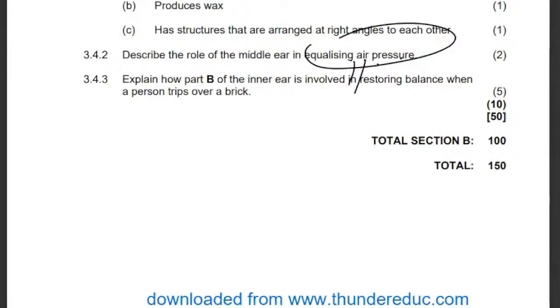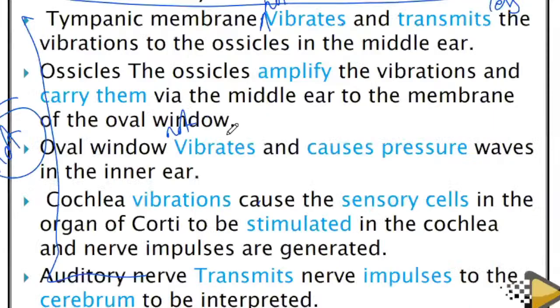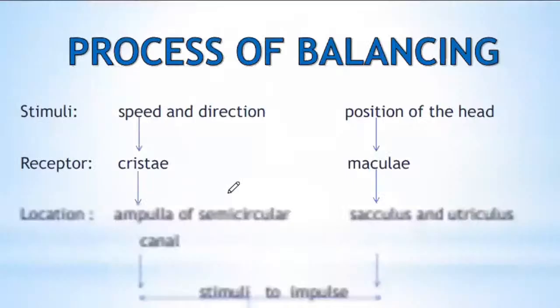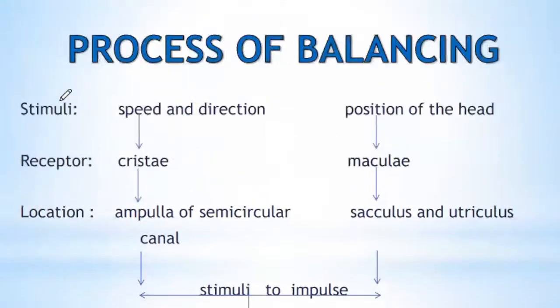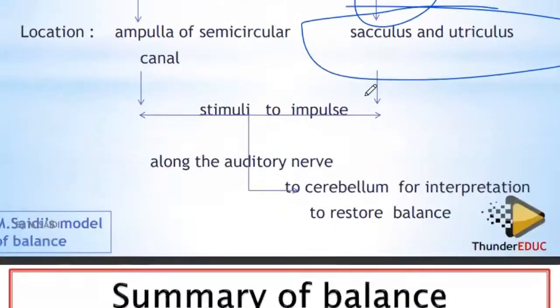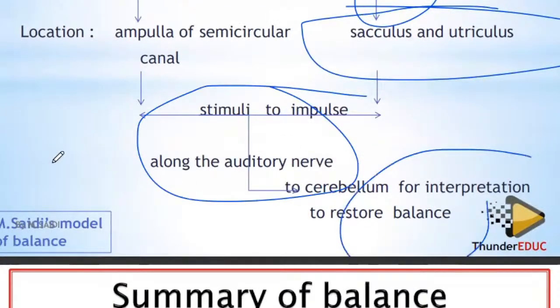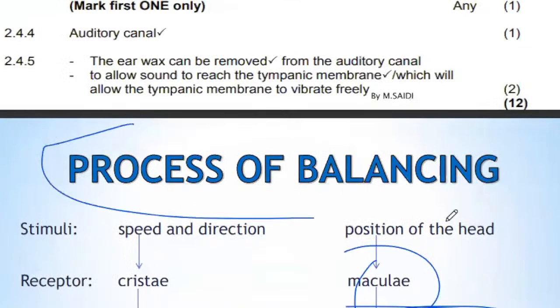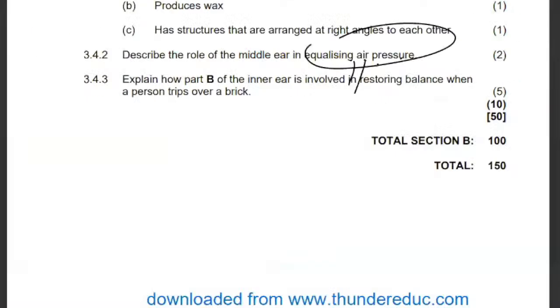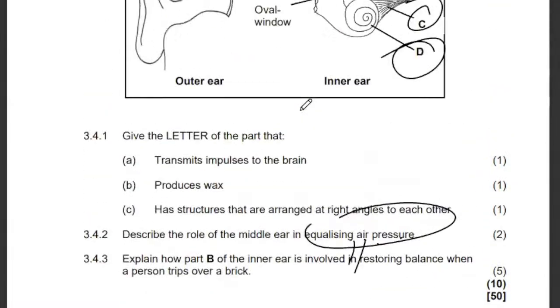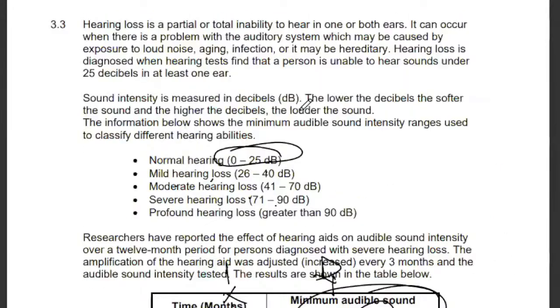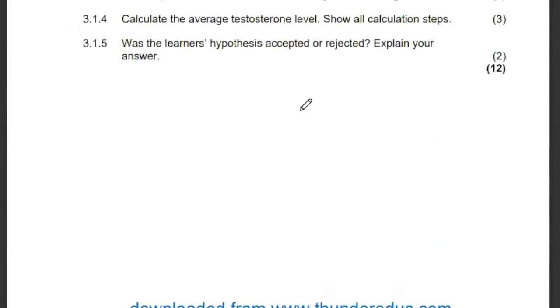So basically you have to explain the balance of the body, when there is a change in the position of the head or body. Then you have to explain the maculae and the semicircular canals, impulses. So basically, you have to explain the process of balance, but you link it to this question. That's why I think those who used the distinction material got a distinction.